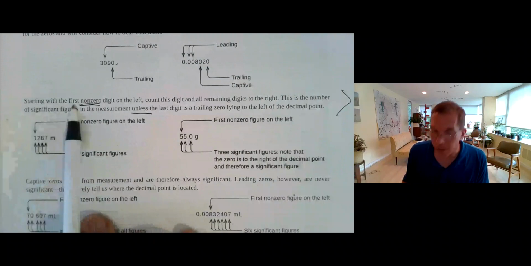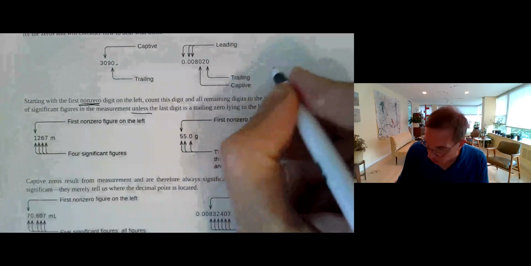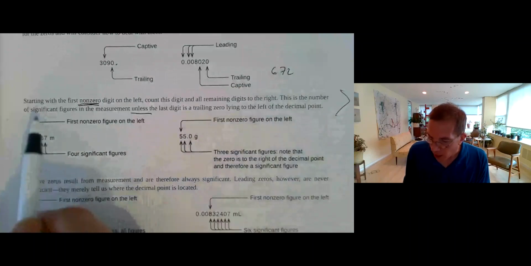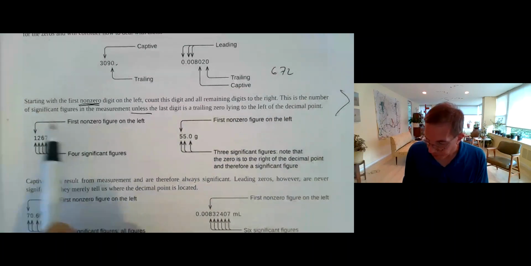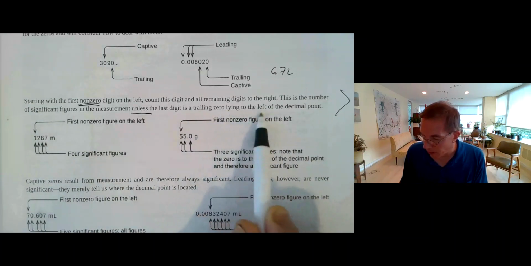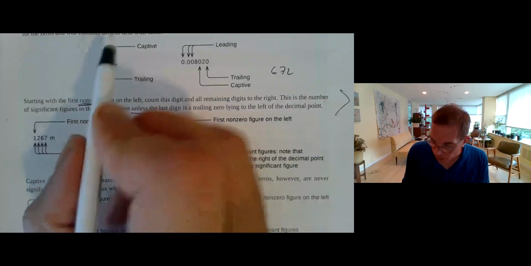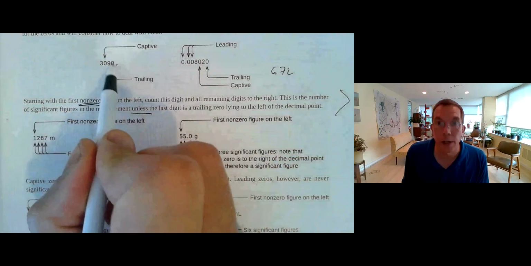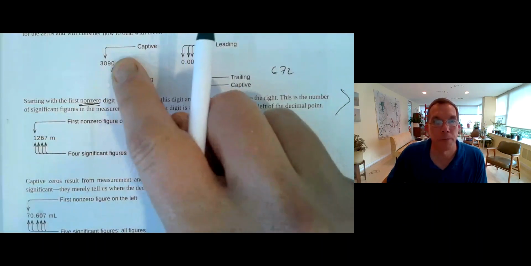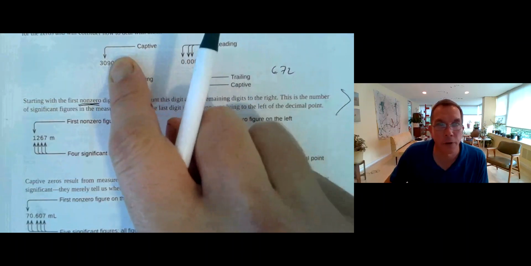So, coming back to our sentence, this is the number of significant figures. We said something like 6.72 would have 3 significant figures, unless the last digit is a trailing zero lying to the left of the decimal point. We might be tempted to say this is 1, 2, 3, 4 significant figures if we didn't have the decimal place there and we were just counting from left to right.